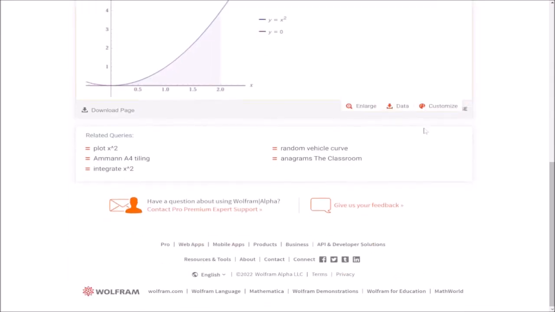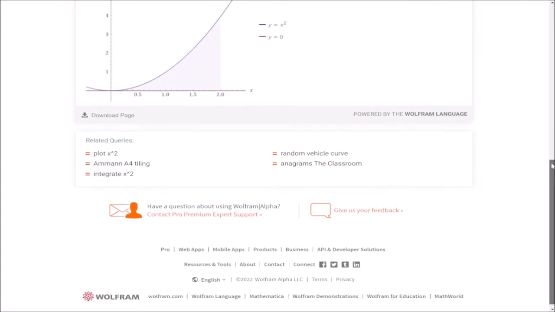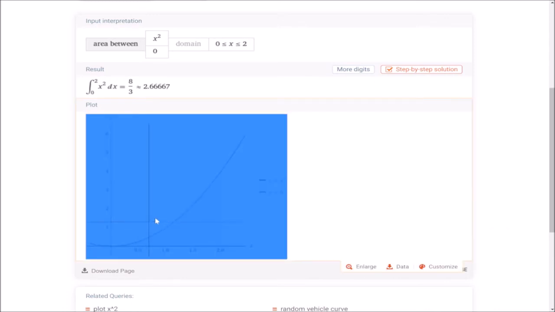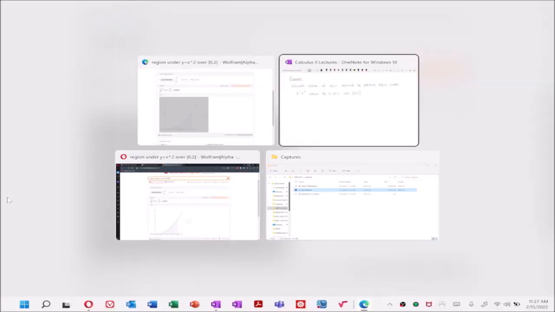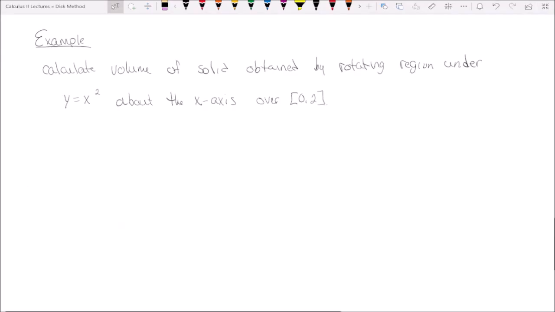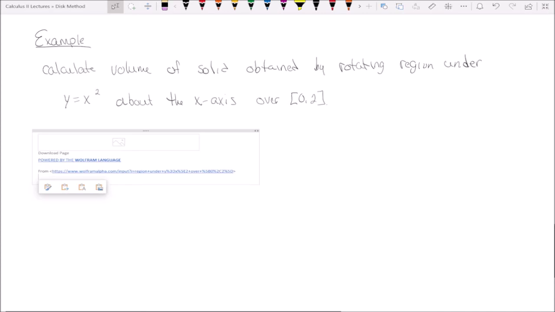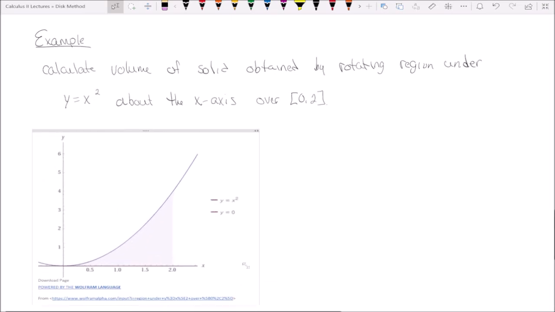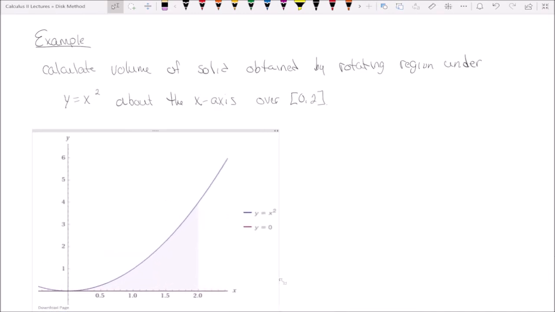All right, now it's doing this weird stuff again. Let's copy that, bring it over here, and try to make it a little bit larger.